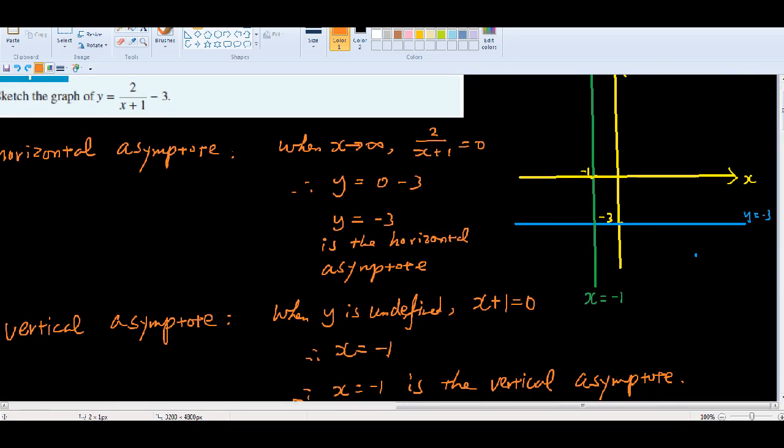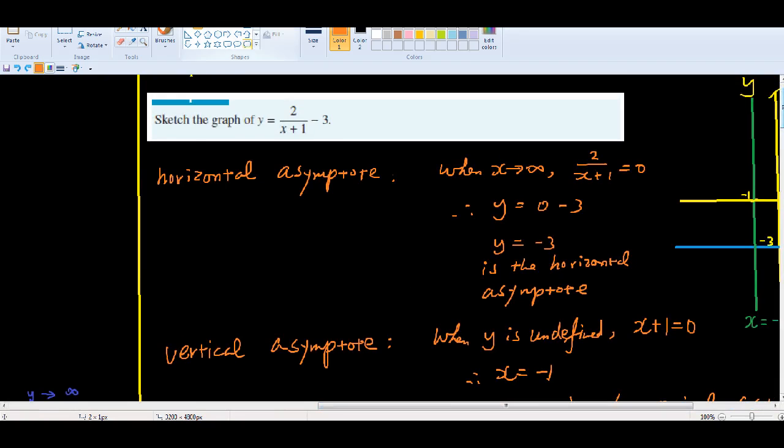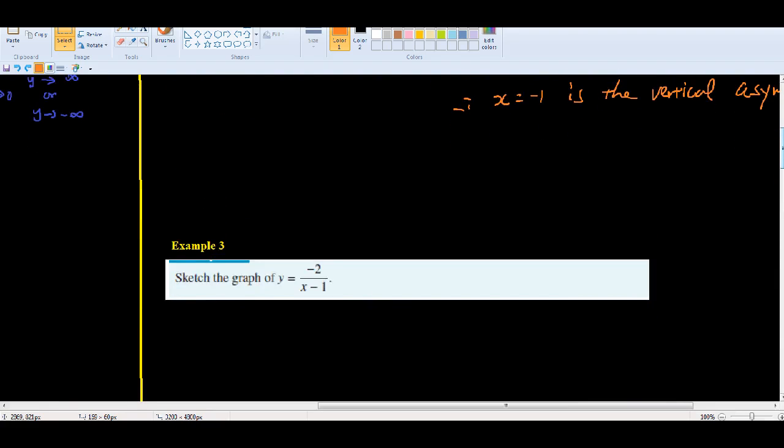For this one, because we could put x equals 0, it would be easier for us to find the y-intercept. So let's use the y-intercept.